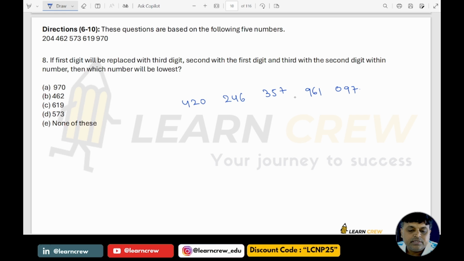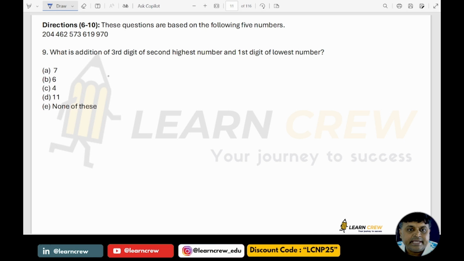So here the question is which number is lowest? The lowest number here is 097. So answer is 970. Now question number 9. What is the addition of the third digit of the second highest number?